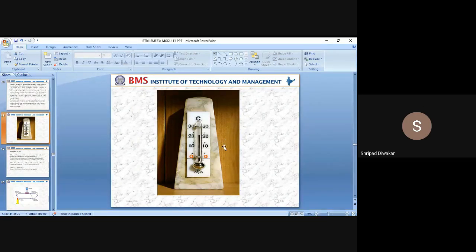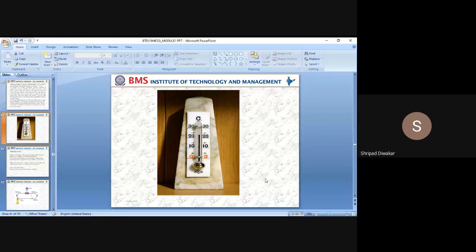Okay. And the third advantage is that it is a very good conductor of heat and does not adhere to the walls of the tube. You are going to learn conductors in the heat transfer subject in 6th semester. The conducting materials are copper, silver, gold. These are very good conductors of heat.